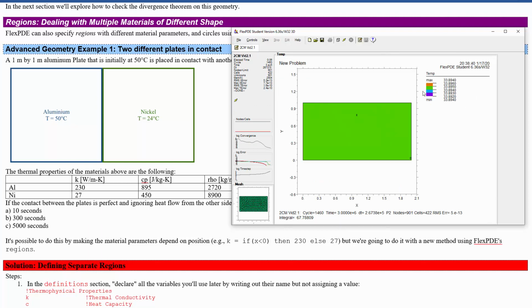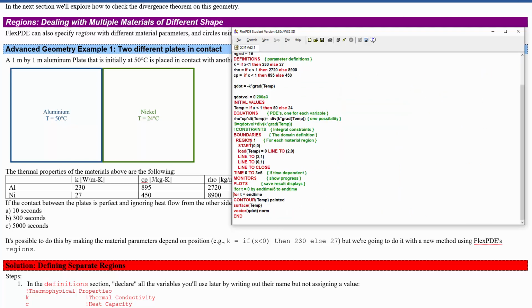Yeah, that makes more sense. So now we're at like 34 degrees. Because it had more density, the product of these two means that the amount of energy per unit volume in the nickel is more per degree than it is in the aluminum. So we're going to end up somewhere closer to the nickel temperature at the end.